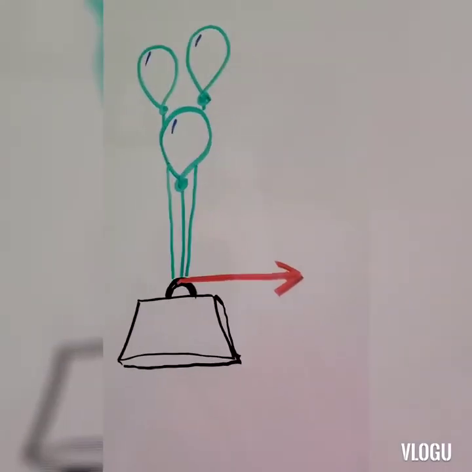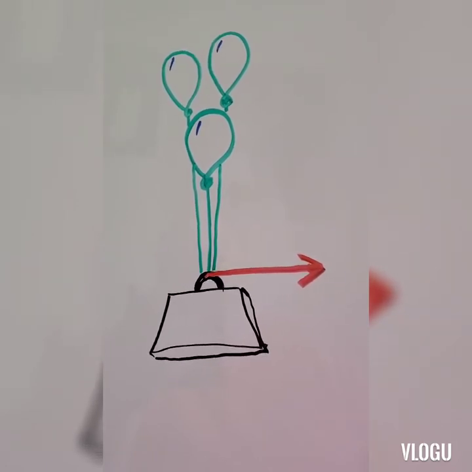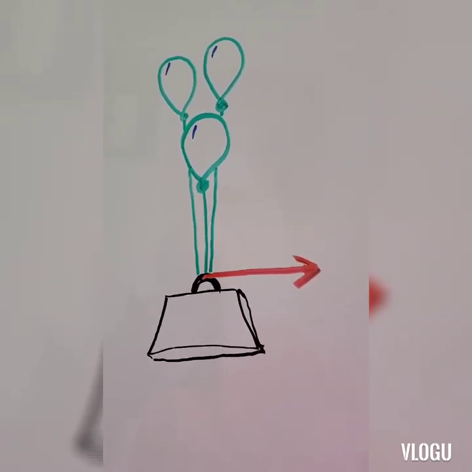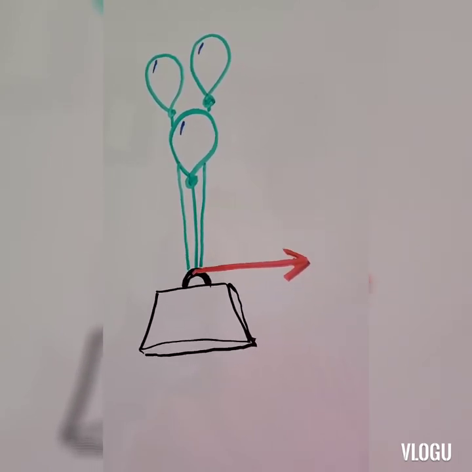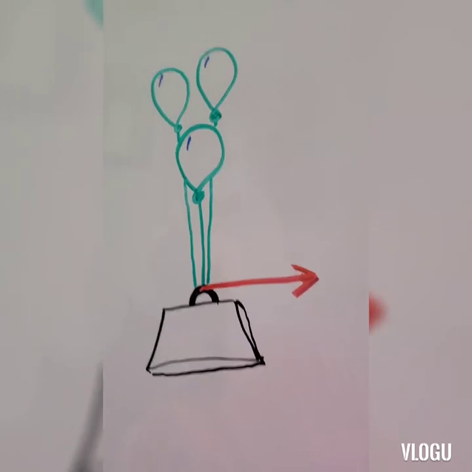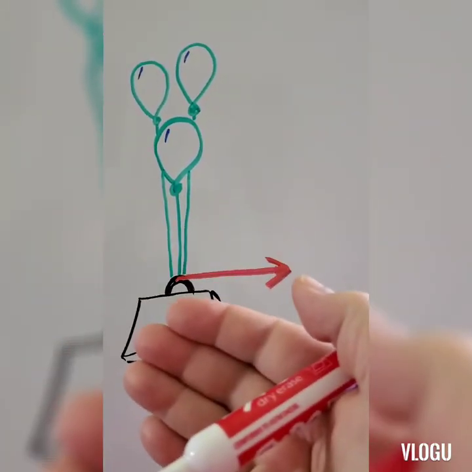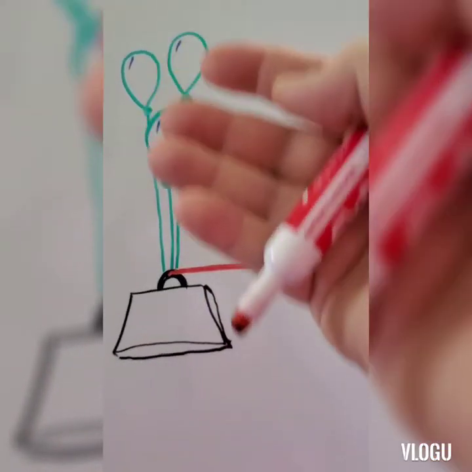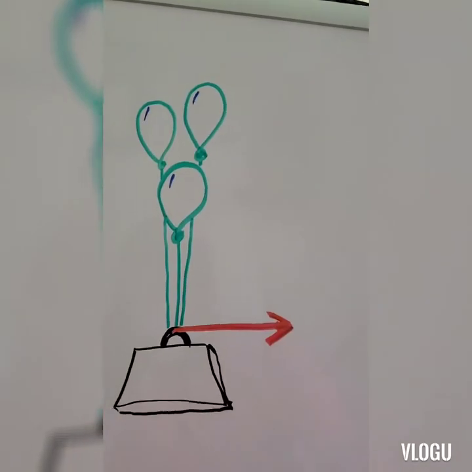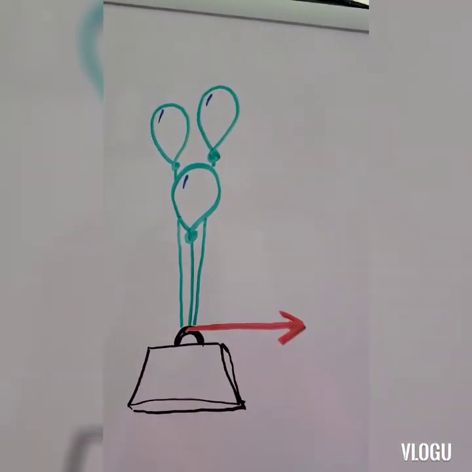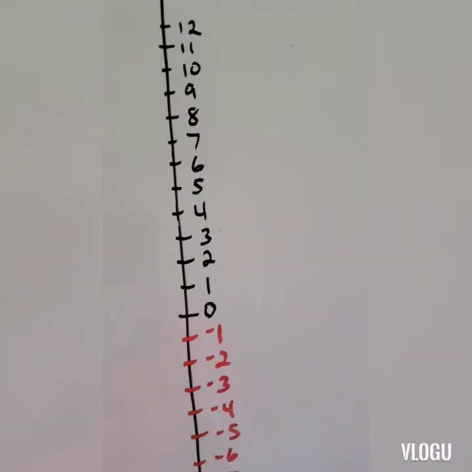If you say the problem out loud, if you are adding or taking away a positive or a negative, think about this idea: if I'm adding a weight, my starting number is going to go down the number line. If I take away a balloon, a positive number, my starting number will go down the number line.